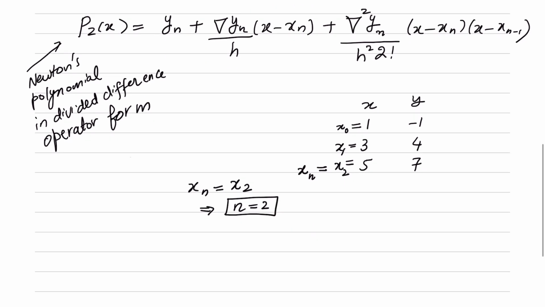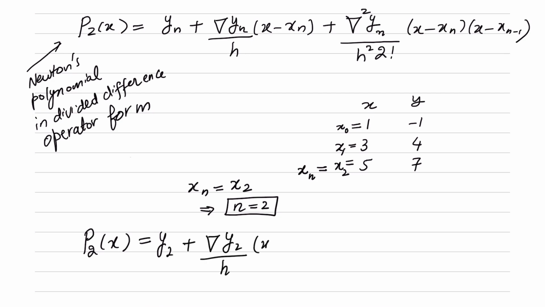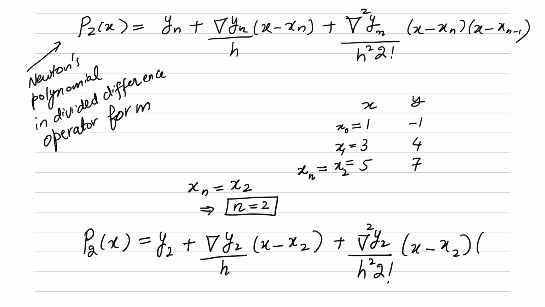In this polynomial P2 of x, in the places of n, we will put 2. So P2 of x equals y2 plus backward y2 over h, x minus x2, plus backward square y2 over h square 2 factorial, x minus x2 into x minus x1, since n is 2 and 2 minus 1 is 1.